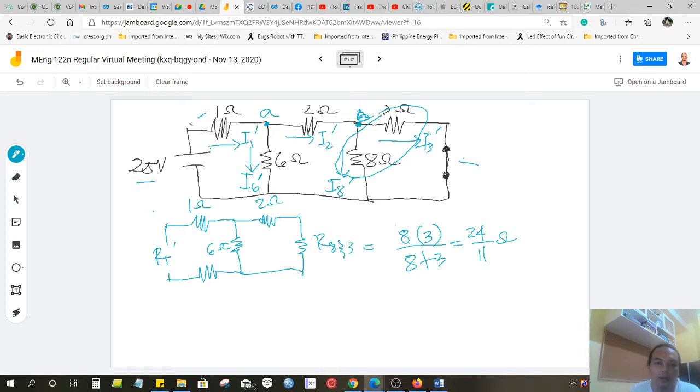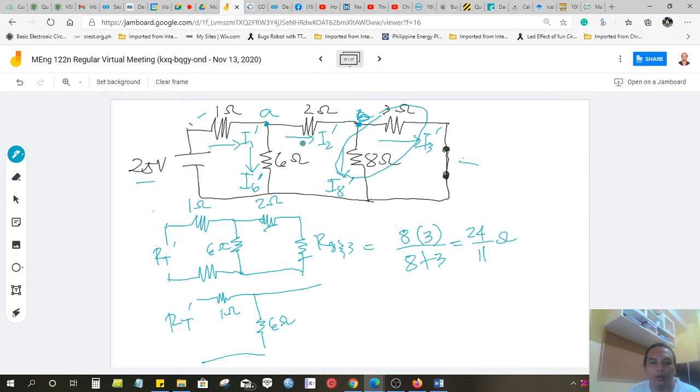Now, as you can see, this resistance here is in series. So RT prime, this is your 1 ohm, this is your 6 ohm, then this is R2, 8, and 3.